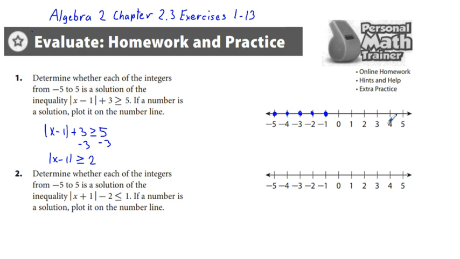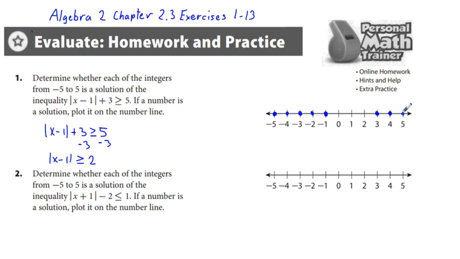If we plug in 3, we get a solution. And if we plug in 4, okay, 4 minus 1 is 3. Absolute value of 3 is greater than or equal to 2. And finally 5. 5 minus 1 is 4. Absolute value of 4 is greater than or equal to 2.